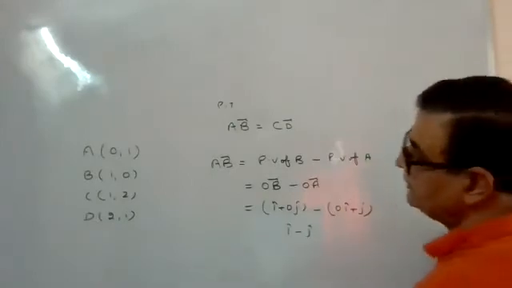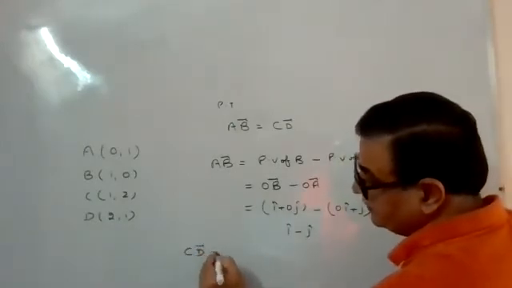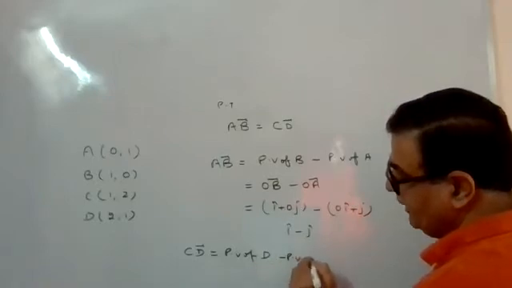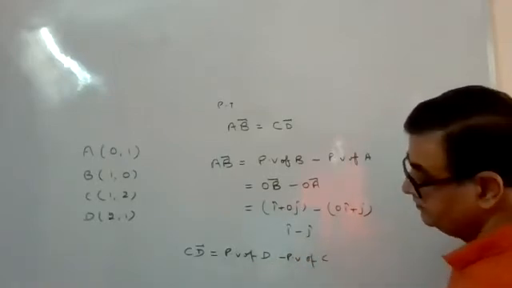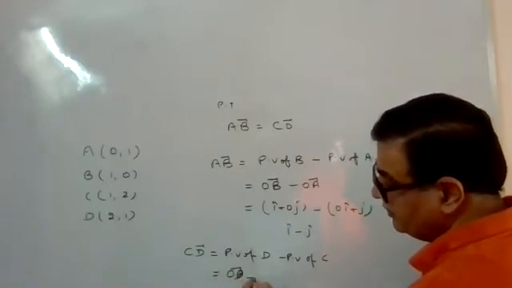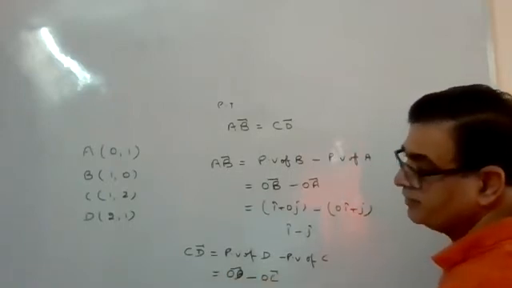Then we go for CD vector. That is position vector of D minus position vector of C. Position vector of D means it is OD vector, minus OC vector.